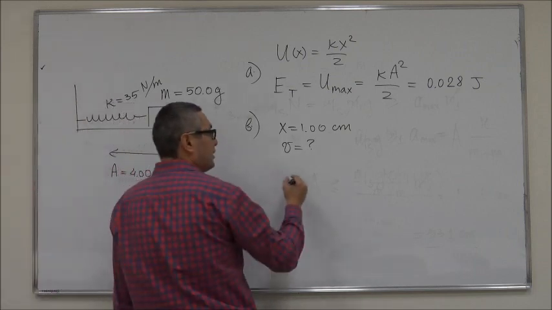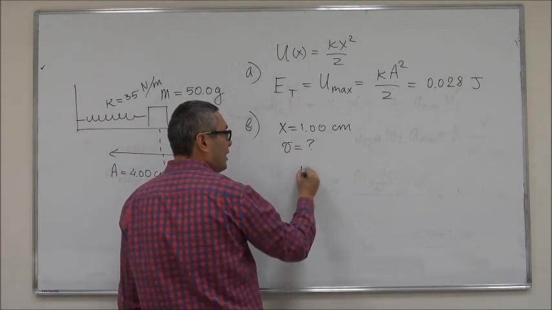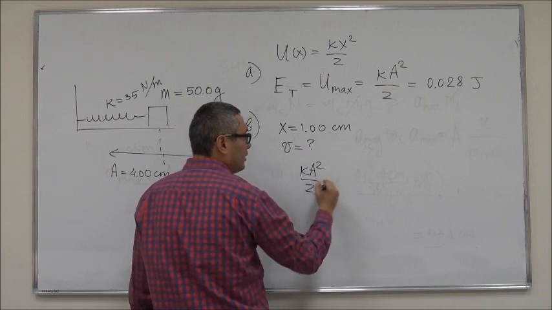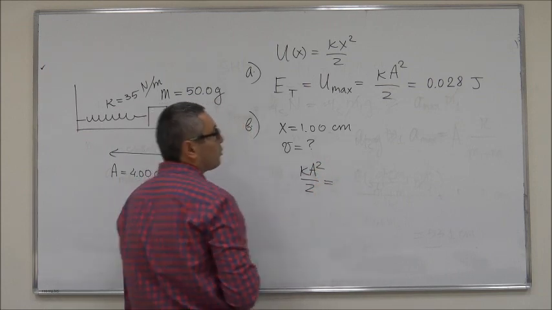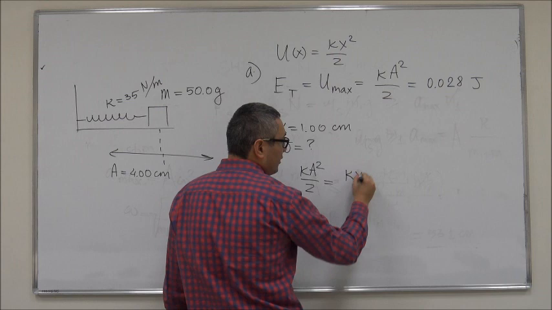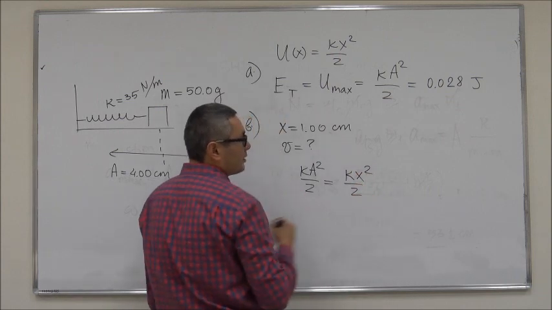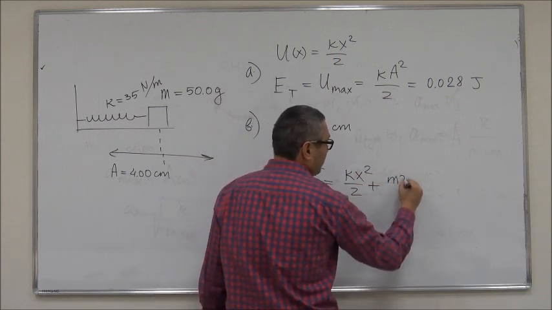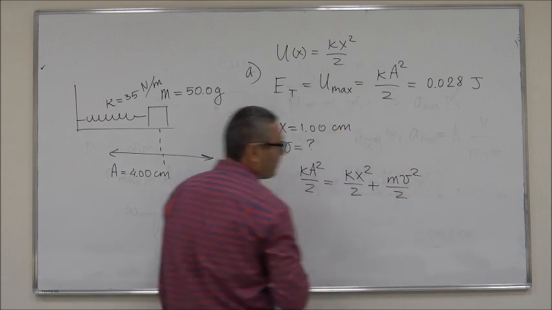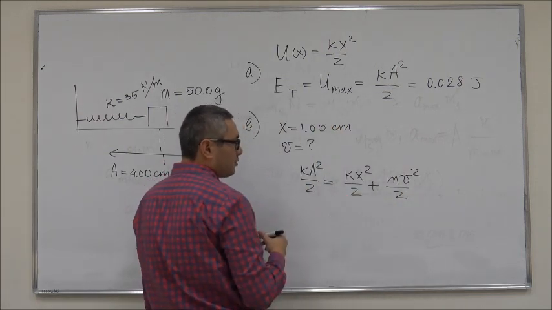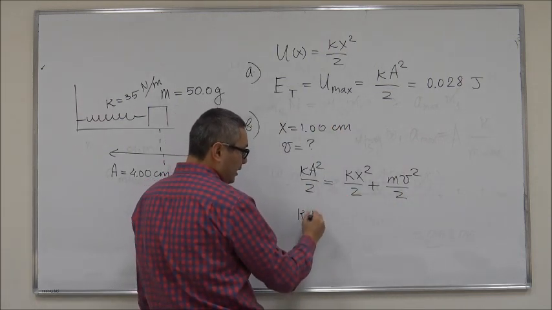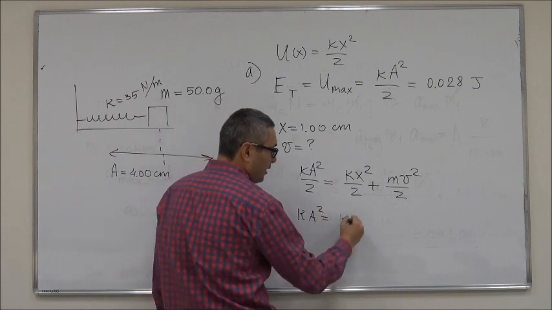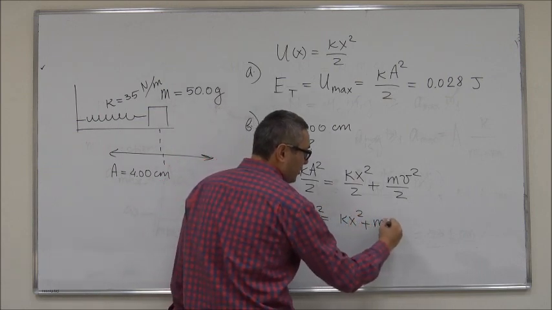So we can say that E total, which is equal to ka squared over 2, is equal to, at all times, the sum of potential energy plus kinetic energy of the block. You can cancel out the 2s and you get ka squared equals kx squared plus mv squared.